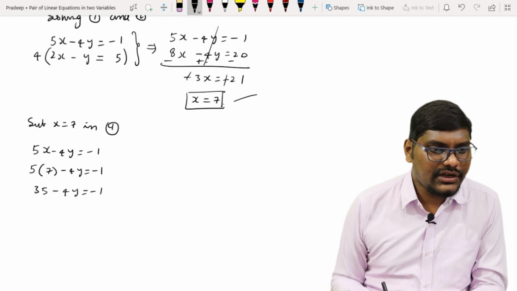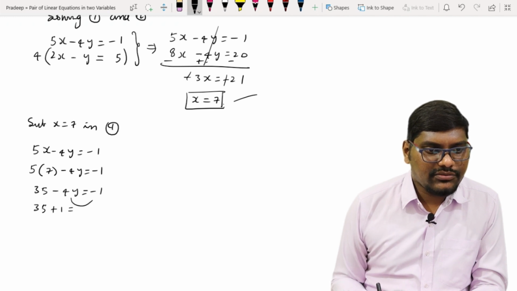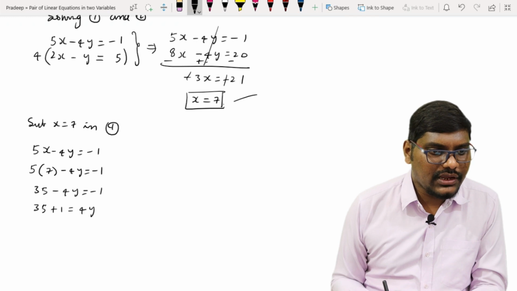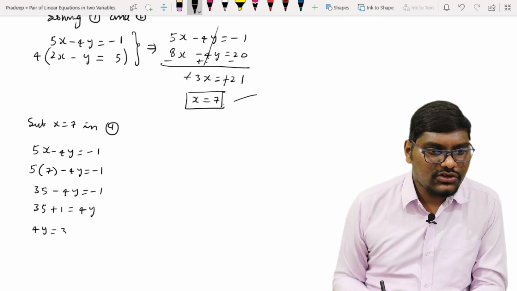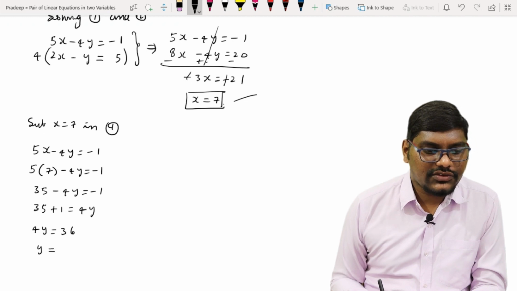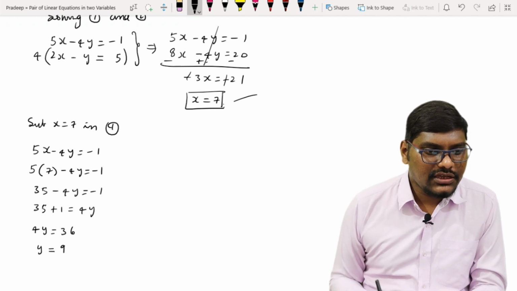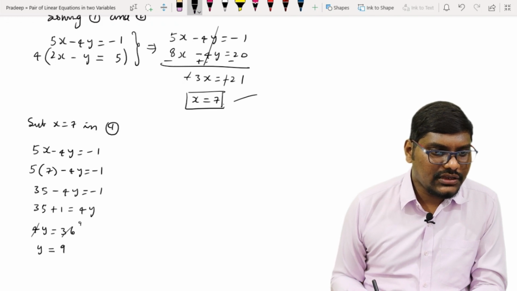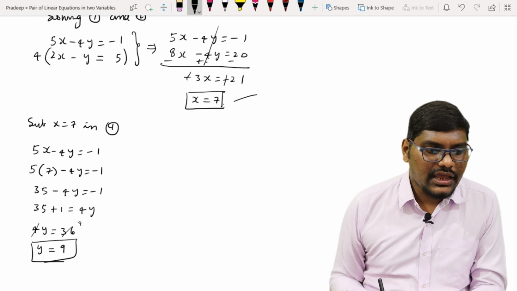Bringing this to the other side, minus 1 becomes plus 1 and minus 4y becomes plus 4y, so 4y equal to 36. 4 nines are 36, so we get y equal to 9.